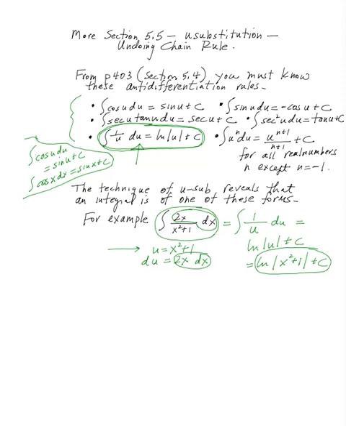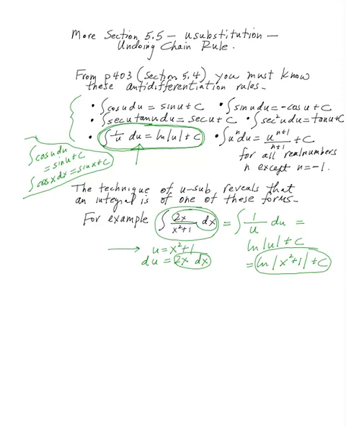From page 405, section 5.4, we learned some antiderivative rules so far, and they're coming from just going backwards on derivative shortcuts. We know the derivative of sine x is cosine x, so the antiderivative or indefinite integral of cosine x is just sine x plus c.